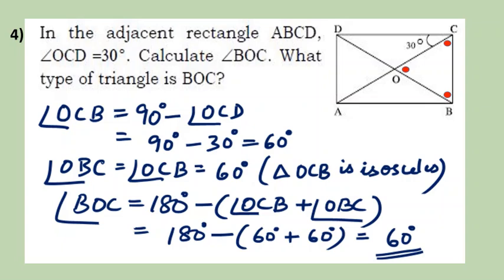Calculate angle BOC, the angle between the two diagonals, where AC and BD cut at O. We can also call it OCB.